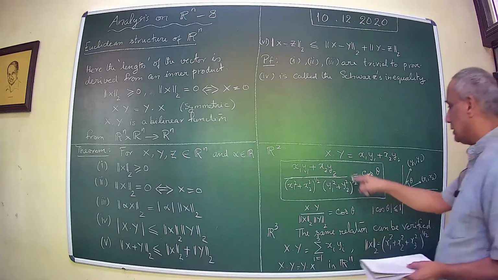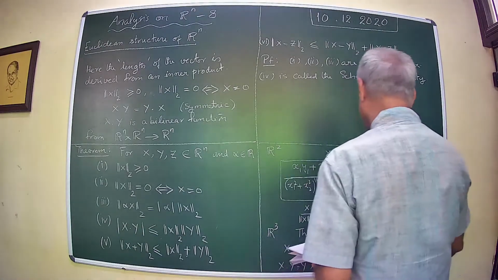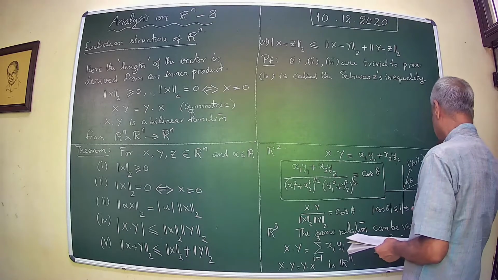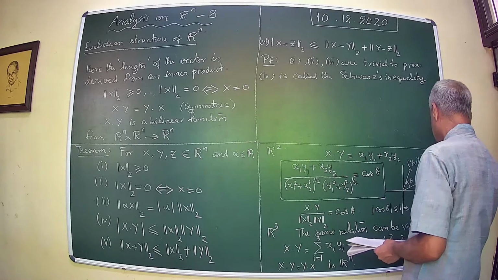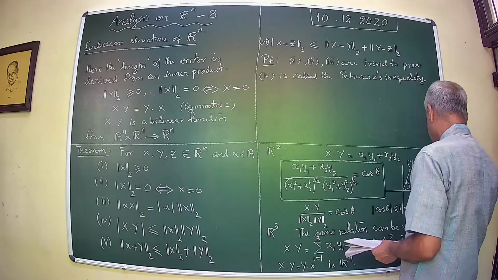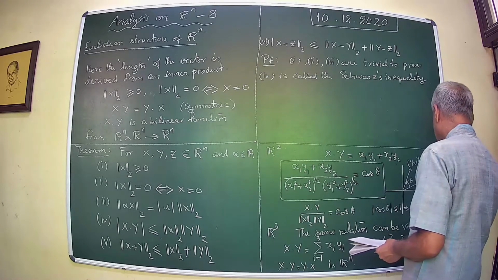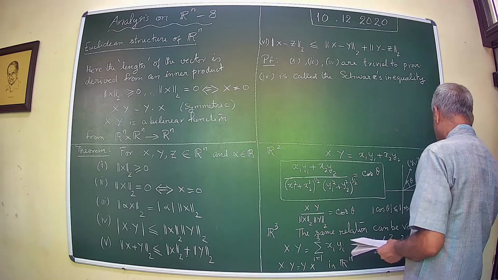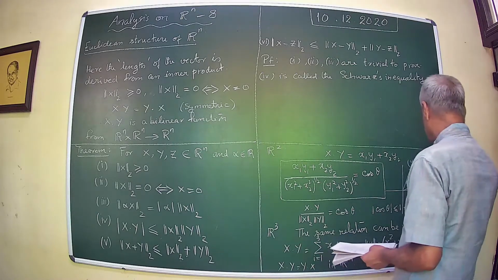And if you just use this, then it follows that mod of x1 y1 plus x2 y2 is less than or equal to norm of x times norm of y. So this is an offshoot.